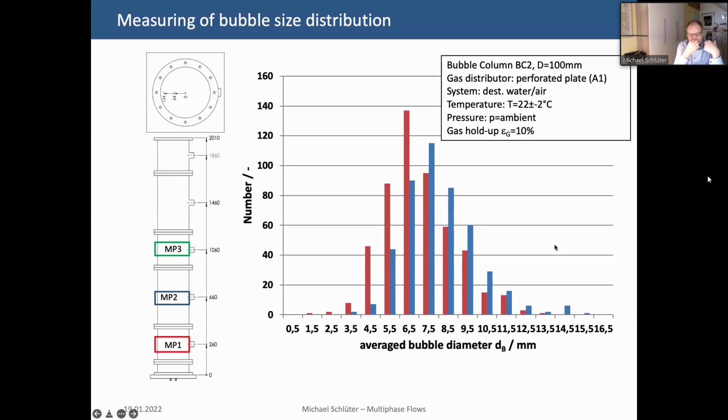So this shows that even in a column you have not only one diameter, you have a broad range of particle diameters, and even this particle diameter distribution changes over the height of the column.